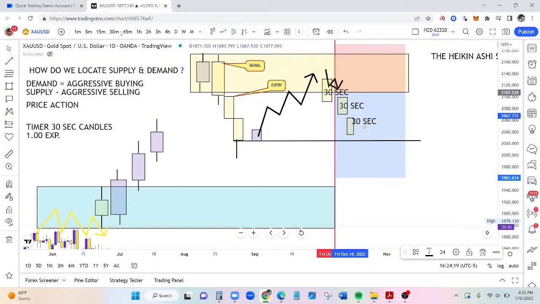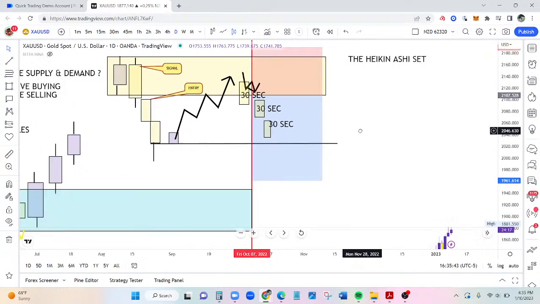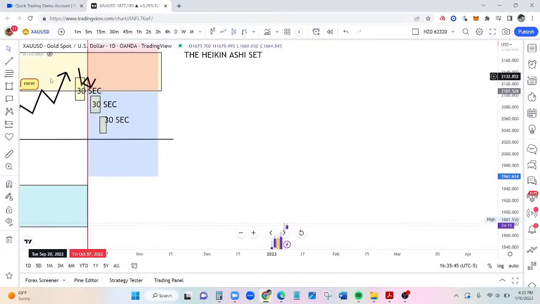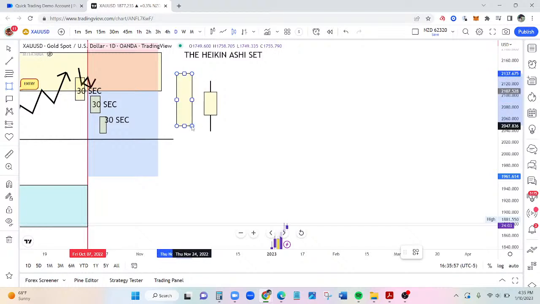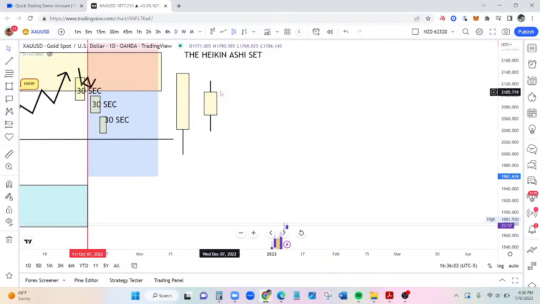So before I get off, let me come over here and let's go over the Heikin Ashi setup real quick too. Heikin Ashi has a flat top, a doji, and flat bottom candles.